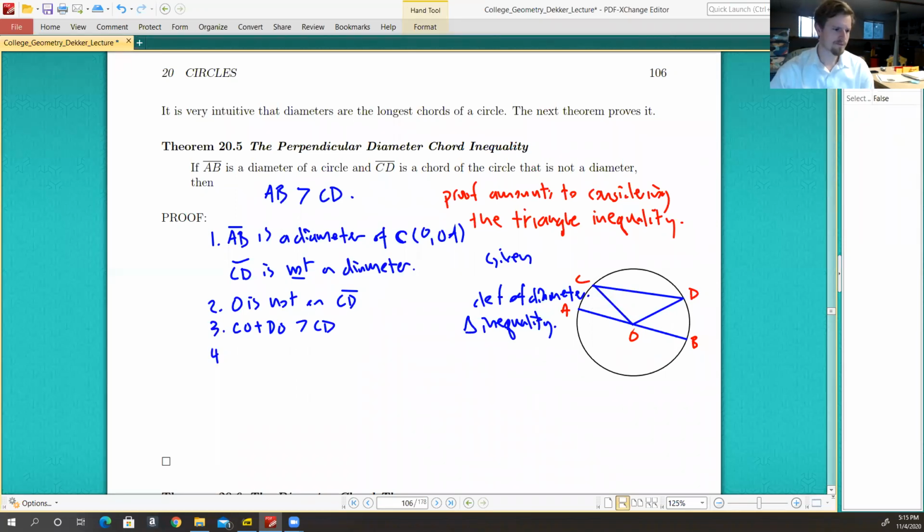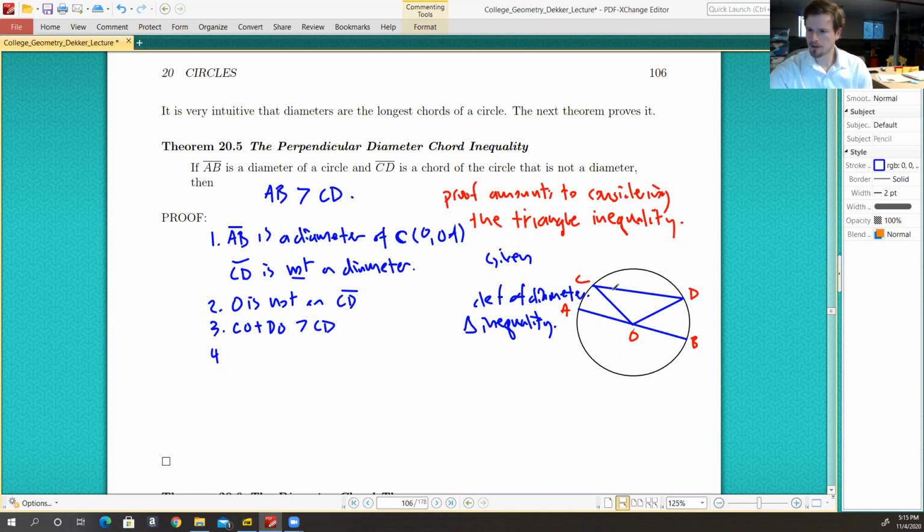But we also know that AO is equal to CO is equal to DO is equal to BO, by the definition of a circle.